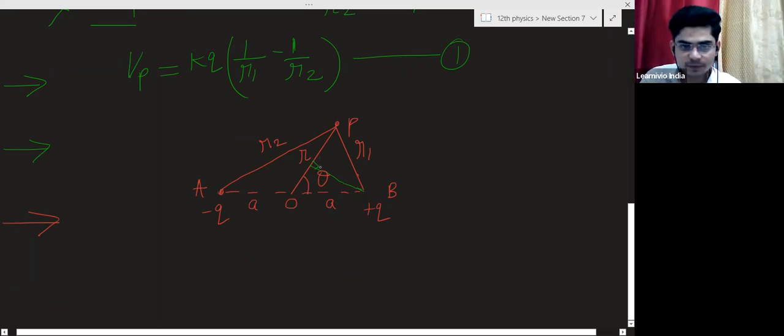I am giving the name of this point as N. This angle will be 90 degrees.